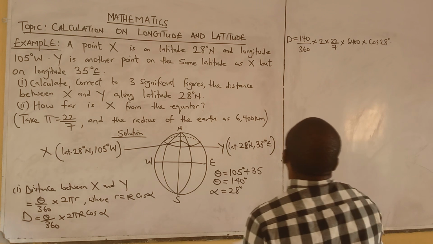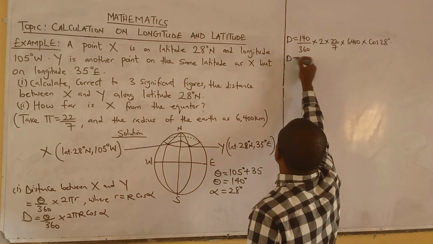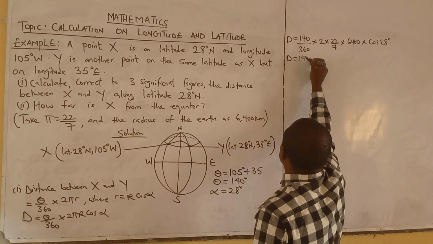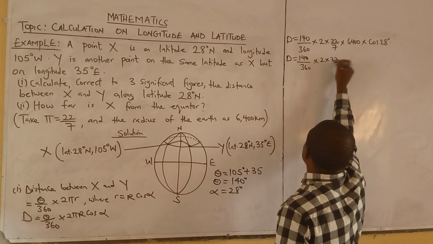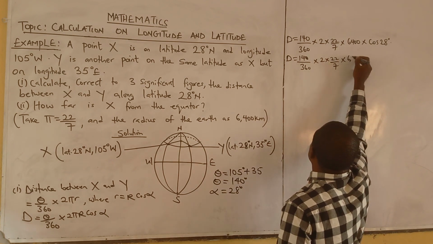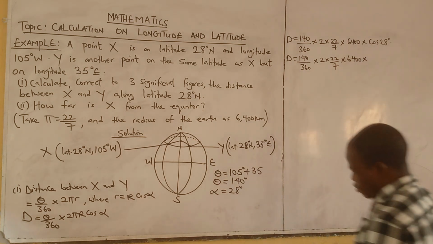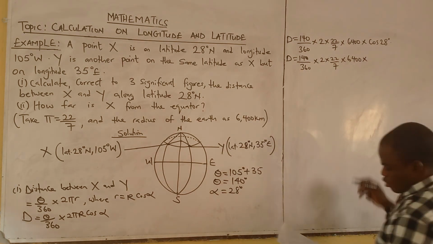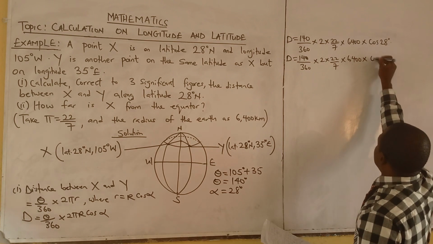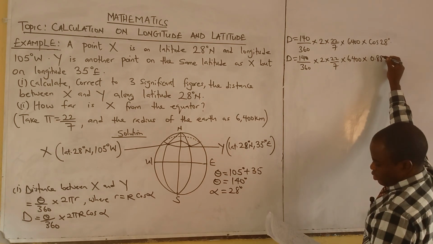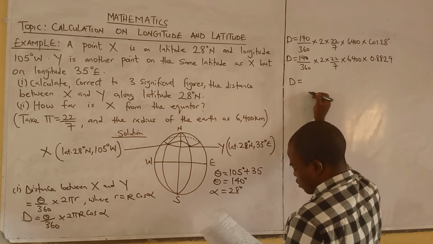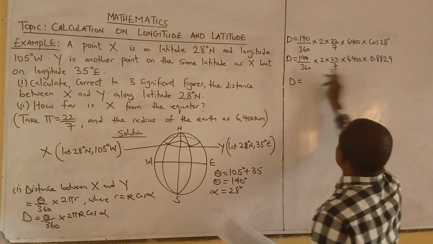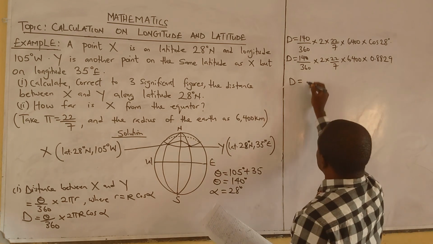Okay, now you have distance equals 140 divided by 360 times 2 times 22 over 7 times 6,400 times cos 28. Cos 28 is 0.8829.